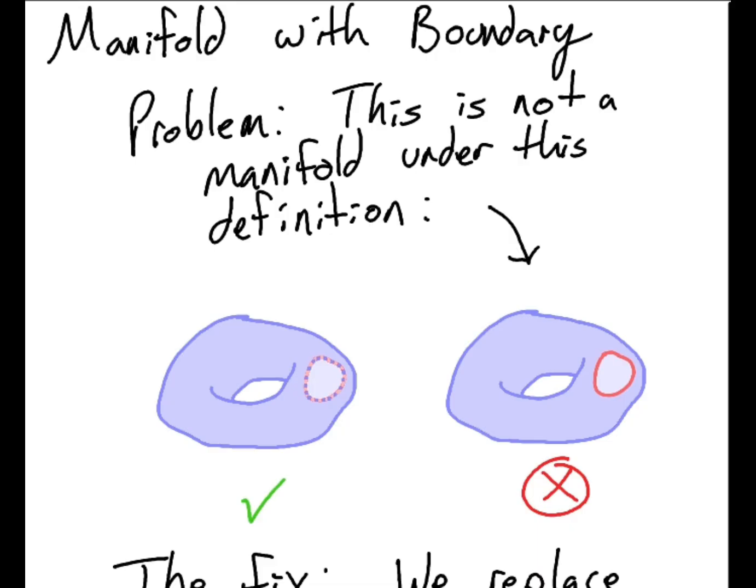The definition that we've just given is not quite general enough to do everything that we want to do with manifolds. And so we have a little bit of a problem here. It's an easy fix, but we do have to go through the work to fix it. So if we look at this torus, and we take a bite out of it, and we don't include any of these boundary points in the torus, if this is our topological space and it doesn't have any of these points in it, that is a manifold.